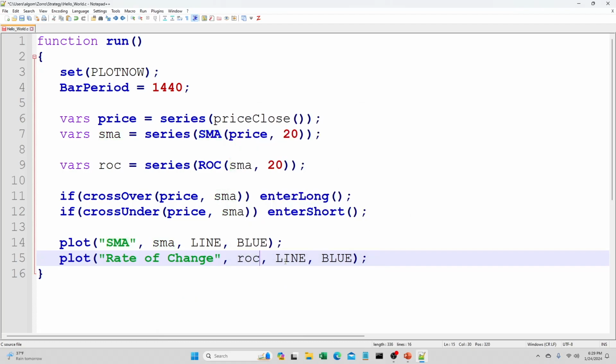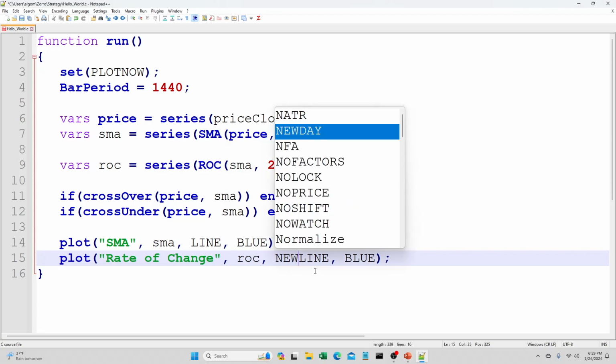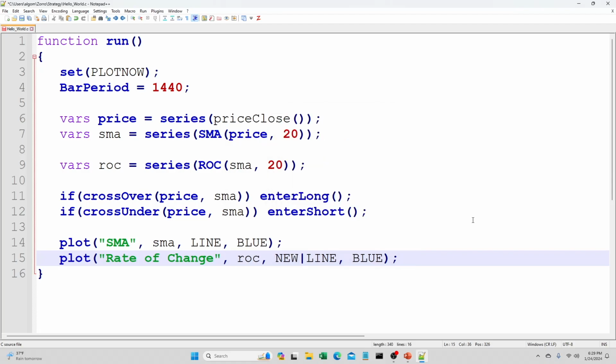And of course, I'm going to want it in a new panel. And I'm going to make it orange this time. So I will not plot the ROC raw, like we did with the ADX, because I'm sure you understand what's going on. So, okay, let's run this.